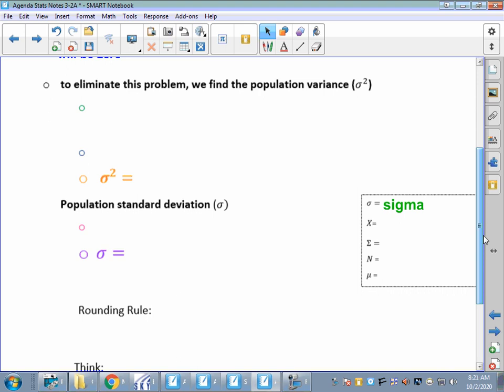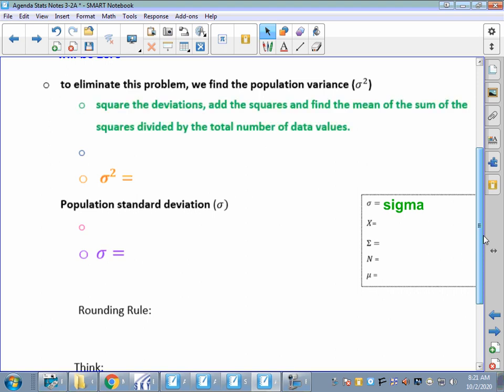So you need to know those symbols. Let's see if we can't get you a symbol sheet, start something so you can keep track of them. That's why I was doing those little boxes. So sigma squared, in order to find the population variance, we square the deviations, add the squares, find the mean of the sum of the squares divided by the total number of data values. I'd be willing to bet that everybody is looking at this screen like I'm crazy, right?